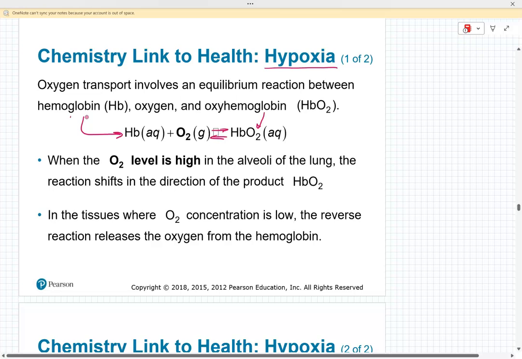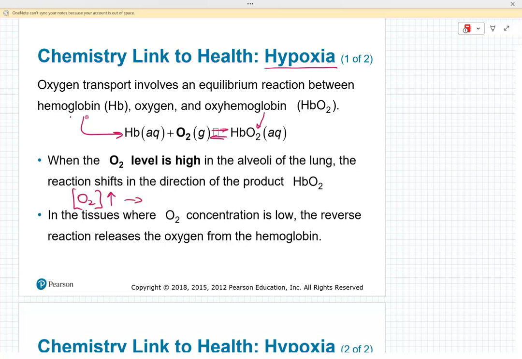So, when your blood is going through the capillaries in the lungs, through the pulmonary capillaries, there's a lot of oxygen there. Right? Making sense? So, all that oxygen, technically it's not a concentration, it's a partial pressure, but who cares?